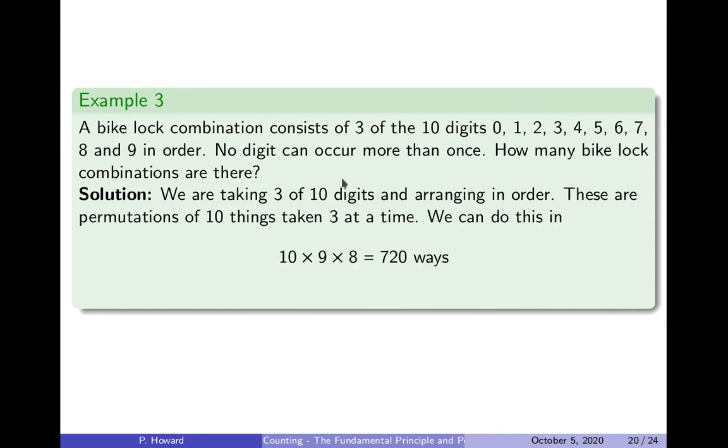If you think of it as doing 3 things one after the other, namely choosing the first number in the combination, then choosing the second number from the remaining numbers, and then choosing the third from the remaining numbers, it's 10 times 9 times 8, 720. If you use the permutation formula, it's 10 nPr 3, number of permutations of 10 things taken 3 at a time.